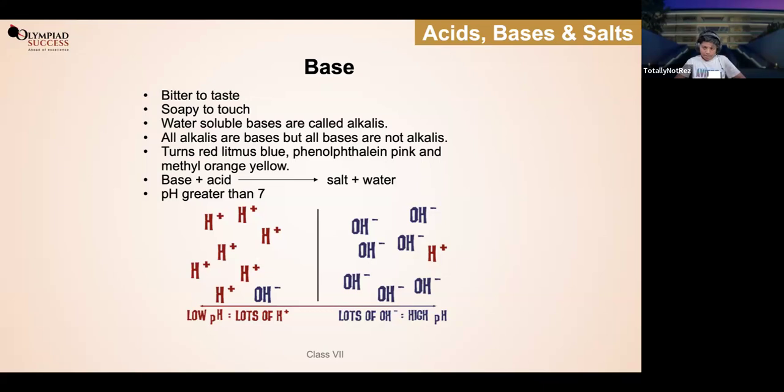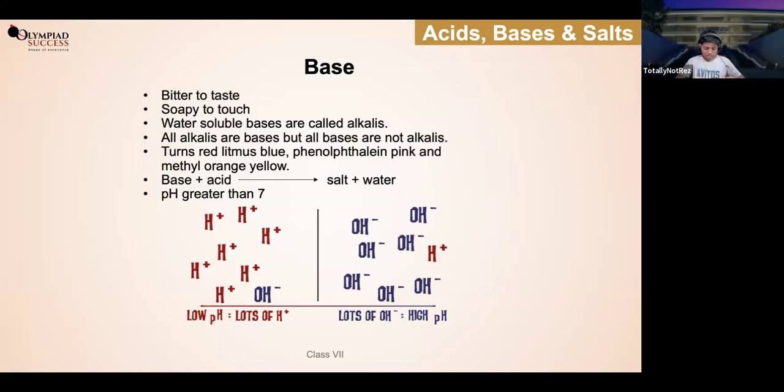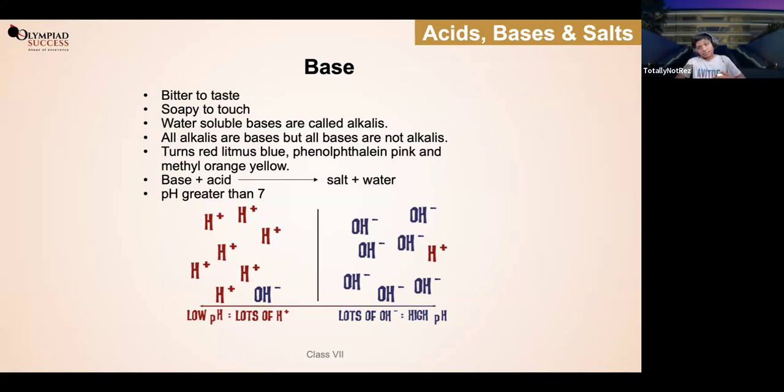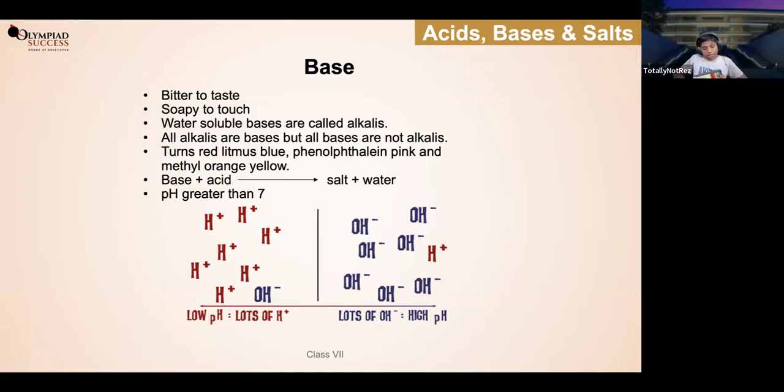They are bitter. They have a soapy, slippery texture. One more: if they're soluble in water, they're alkalis. So all alkalis are bases, but all bases are not alkalis. One more. What about the pH? If any liquid has a pH more than 7, it is basic. Very good.